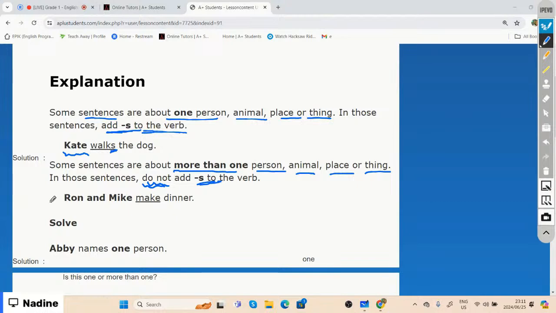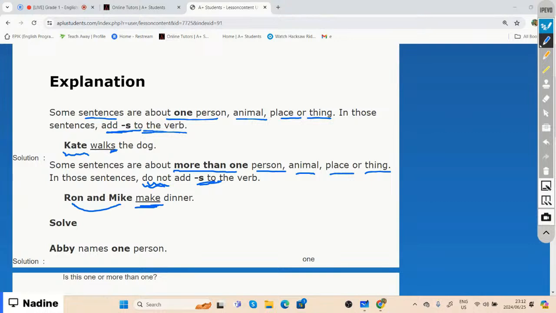For example, Ron and Mike. We can say Ron and Mike, or the children, or they, or the animals, if you're referring to more than one. Ron and Mike make dinner. You can see no s at the end of make. So we don't say Ron and Mike makes dinner.